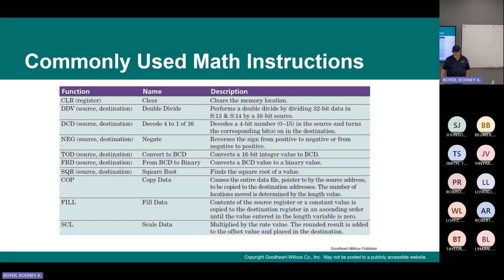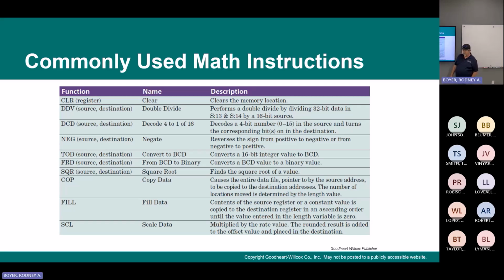And then SCL, or scale data, allows you to scale one range of numbers into another range of numbers. So if you have, say, a 4 to 20 milliamp analog signal coming from an input device, you need to scale that to 0 to 100% on the tank fill. That's what you would use.